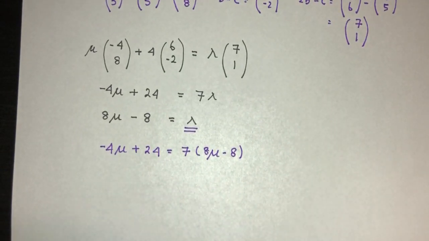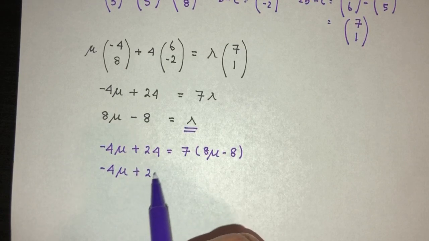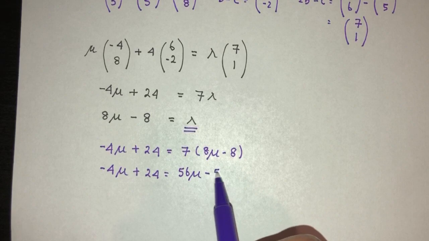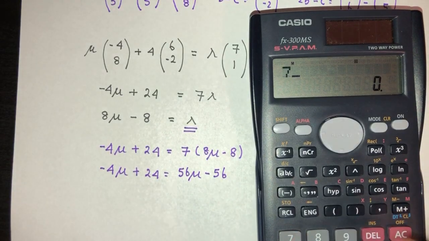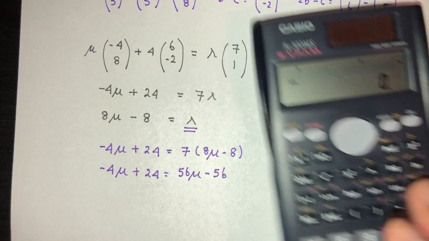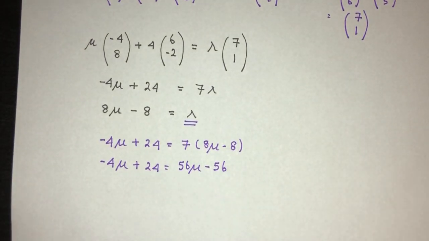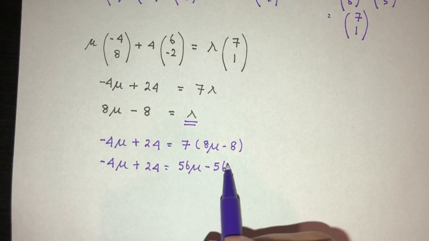Now we have to simplify the equation. So minus 4 mu plus 24 is equal to 56 mu minus 56. If you're not sure about the multiplication, you can always check 7 times 8, 56. Always make sure to check your values because you will have to use them to find the answer for those values, right? Now let's simplify. Let's send this one to one side and this one to one side.